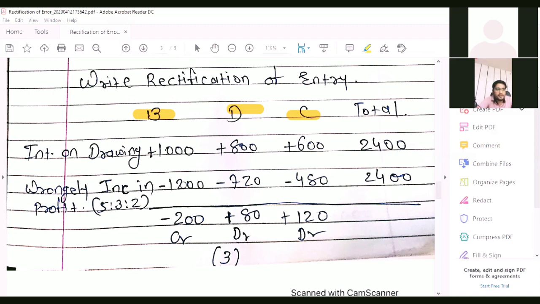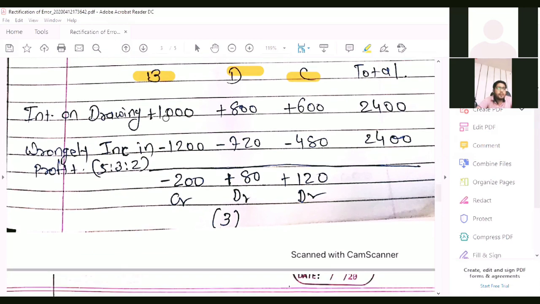So minus 1,200, minus 720, minus 480, right? Now plus 1,000 minus 1,200 comes to minus 200, plus 800 minus 720 plus 80, plus 600 minus 480 plus 120, right?